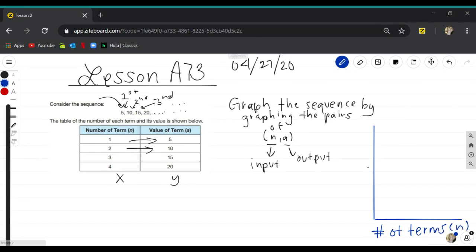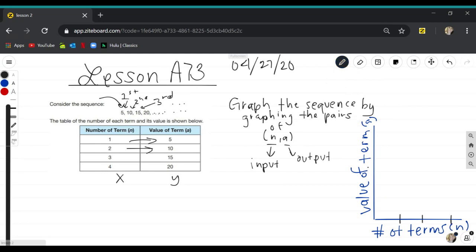So this would be n, and this over here would be our value of term, which is A.